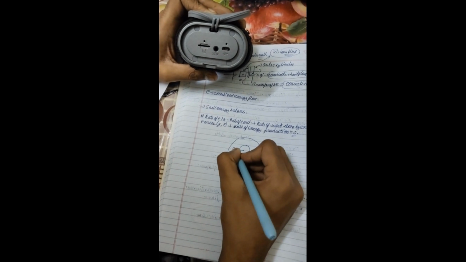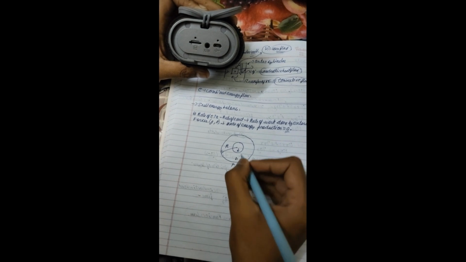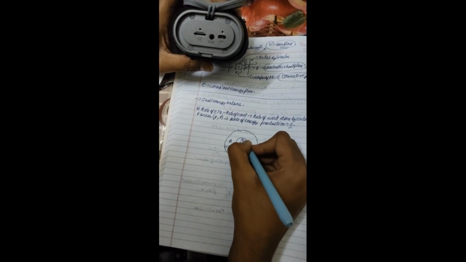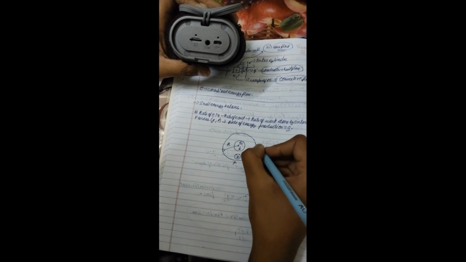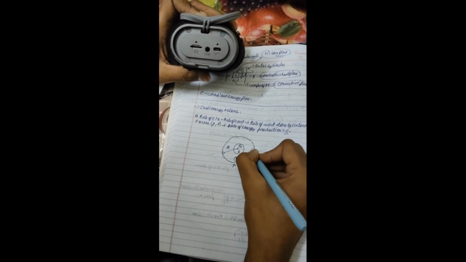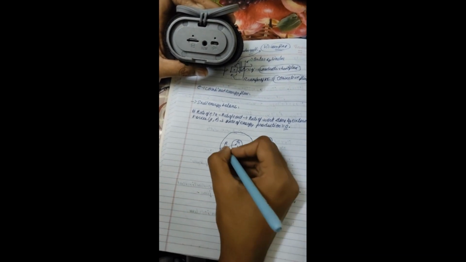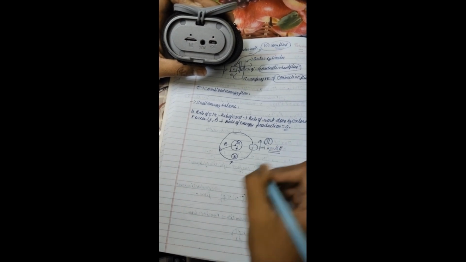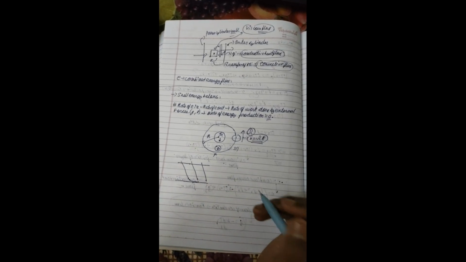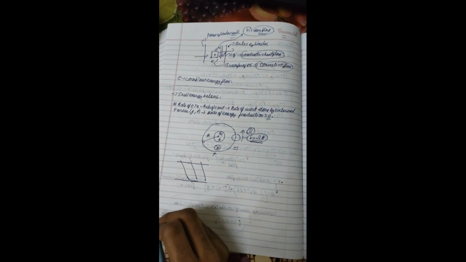Suppose that the outer one has radius capital R, B is the gap between these two, and the smaller one has radius small r. Let's suppose that the outer cylinder is made to rotate with a velocity omega. Obviously it's r, so the velocity would be omega into r. So now we have the velocity omega r.